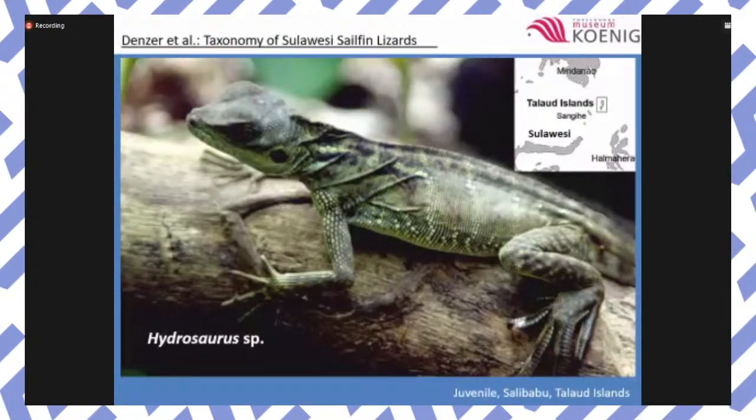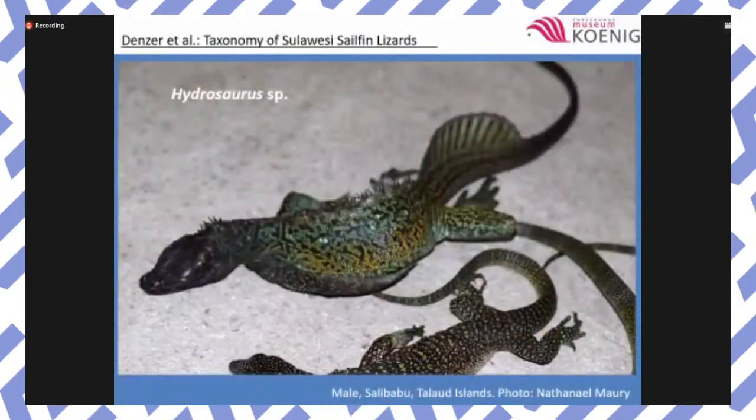It has definitely just a few enlarged scales, so it looks much more similar to Celebensis. But when we look at the adults, and here is a picture of a dead specimen, there are obviously some differences. So it's not clear to which species the Talaut population belongs.